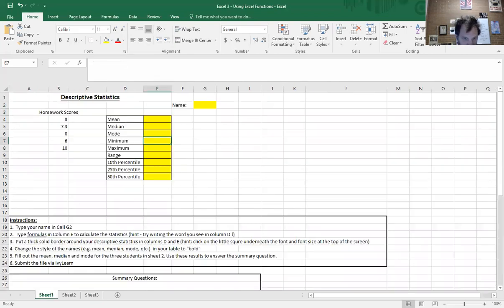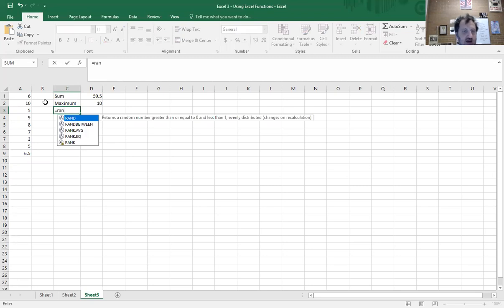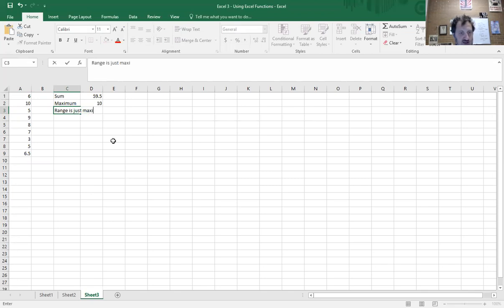Okay, now this one, if we start typing range, we're going to find out that range does not have a formula. And that's because range is just maximum minus minimum. So in a similar way to the budget exercise, when you did subtraction of income minus expenses, all you have to do here is just do maximum minus minimum.